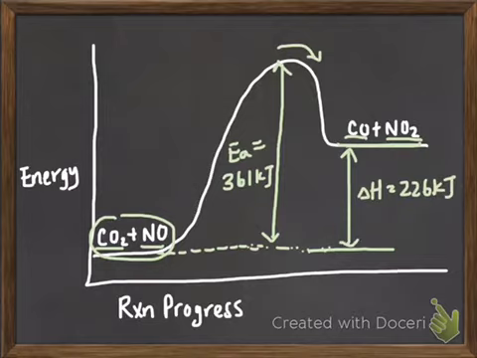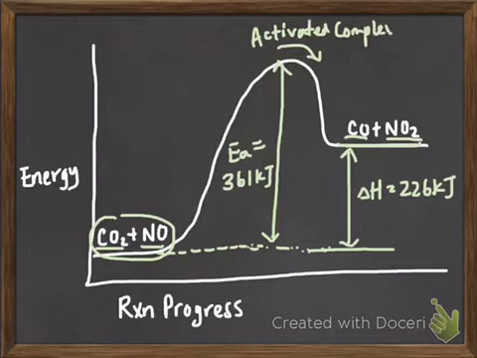Before we calculate what the question is asking you to do, which is to calculate the activation energy for the reverse reaction, I want to indicate one more thing on this graph, and that is something called a transition state or an activated complex. That's going to be up here. I'm going to call this an activated complex.